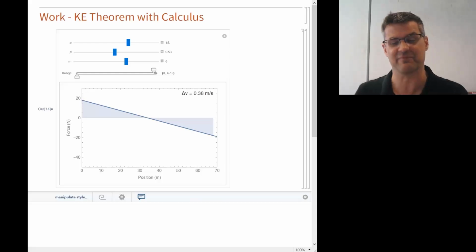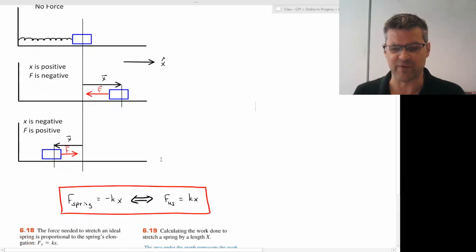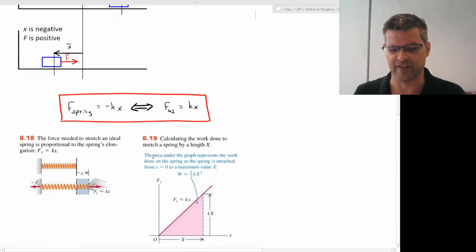Anything to the left of that position applies a positive force. It's trying to bring an object back to a condition of equilibrium at this position somewhere around 33 or so meters. So what we were looking at was actually the case of a spring. So that's what we have right here, okay?